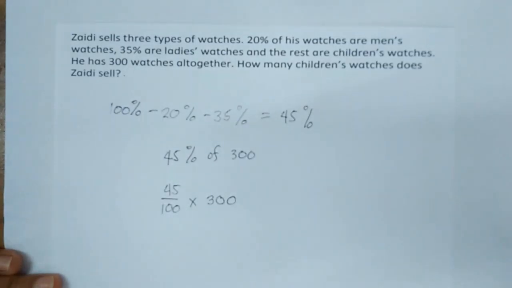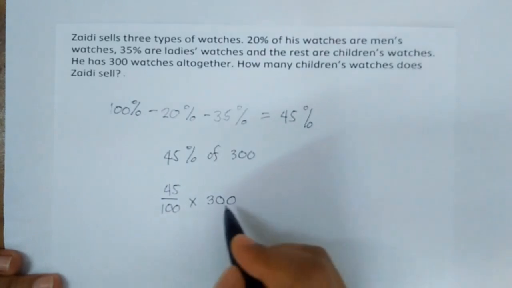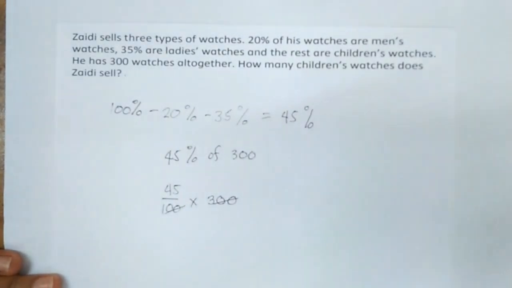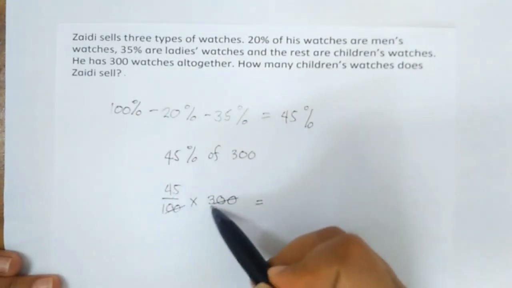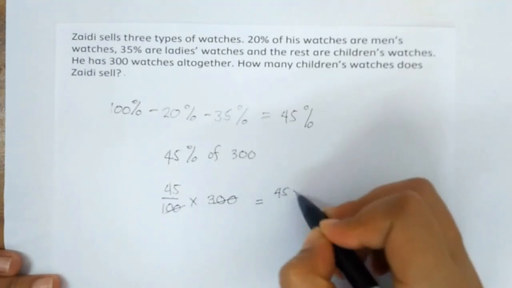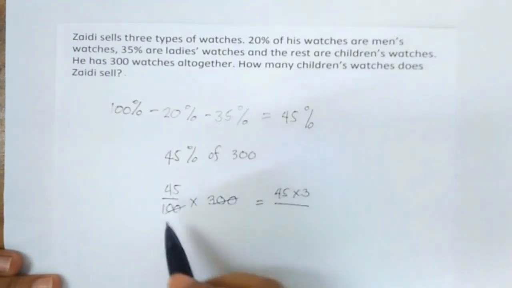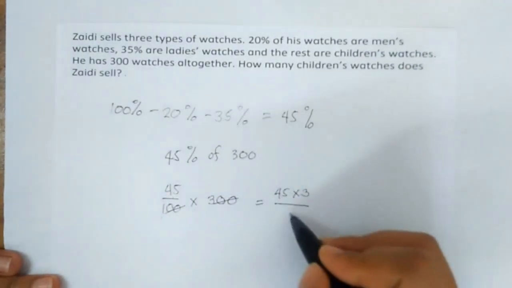Take a look at the numbers. Are there numbers we can simplify? Yes, we have zeros, can take out. What else? Okay, so the remaining numbers we have 45 times 3. In the denominator we have 1.